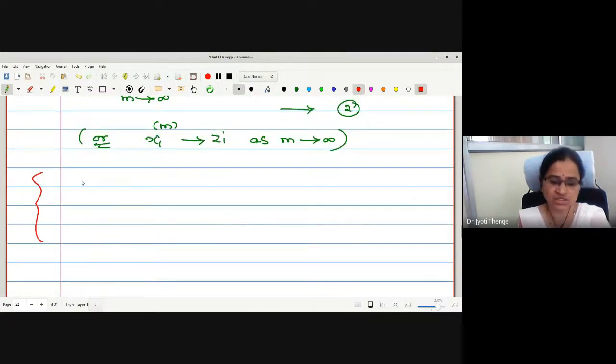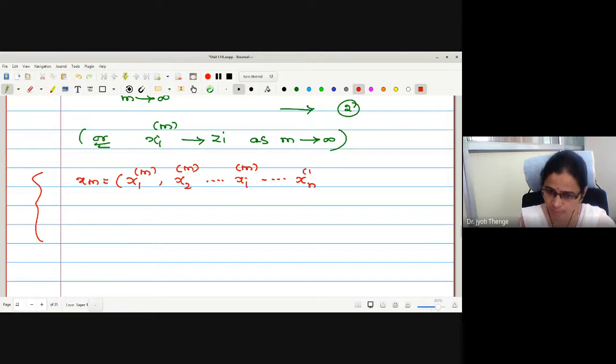This is my original sequence xm having how many coordinates? Let me write the coordinates: x1m, x2m, somewhere here we have written xim, and lastly this is xnm. Right? This is Cauchy in Cn, where every element is an n-tuple vector.